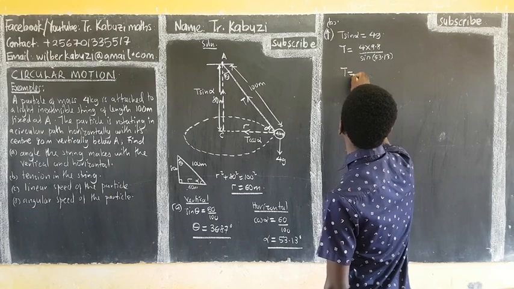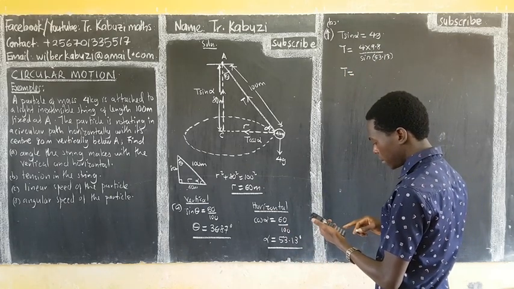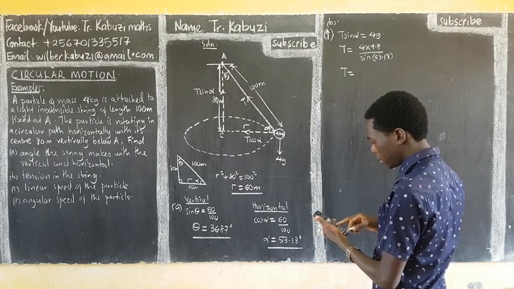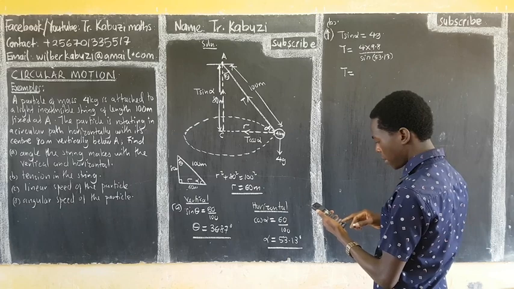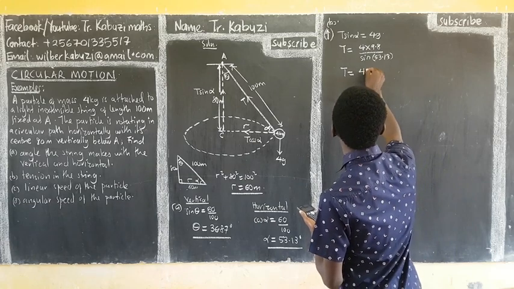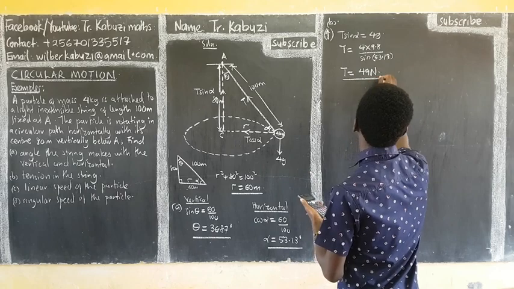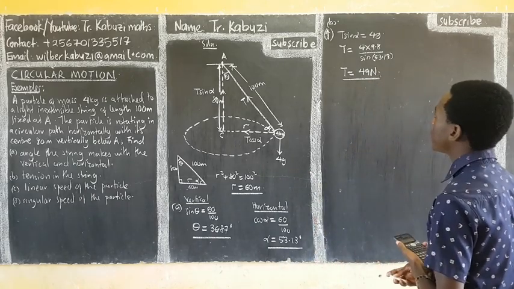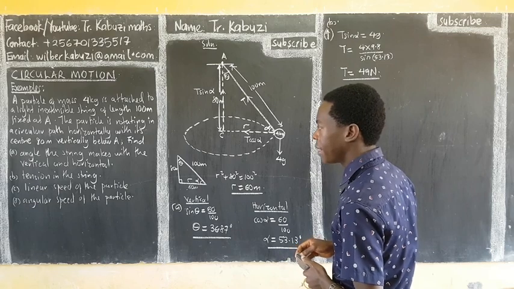Then I get my tension, so I'm getting 49 newtons. So that's my tension in the string.